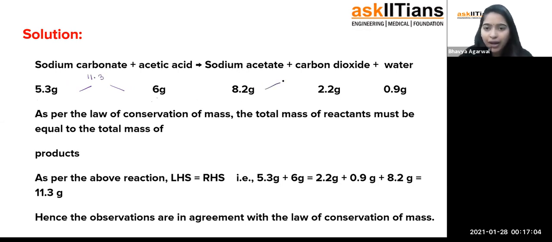In the same way, I'll put the RHS together: 8.2 plus 2.2 is 10.4, and 10.4 plus 0.9 again gives you 11.3 grams. Since my LHS is equal to RHS, the total mass has remained conserved. There was no loss of mass. Mass of reactants is equal to mass of products. This definitely proves the law of conservation of mass, right?